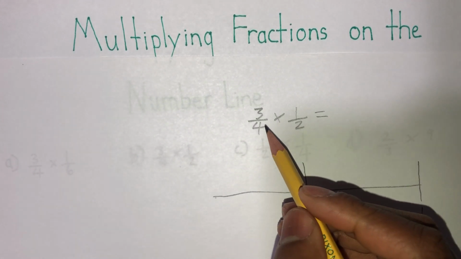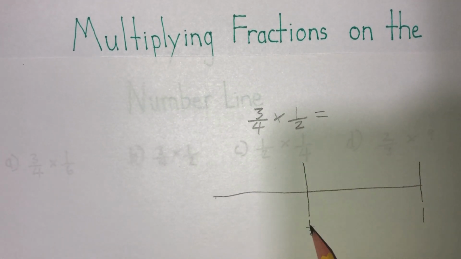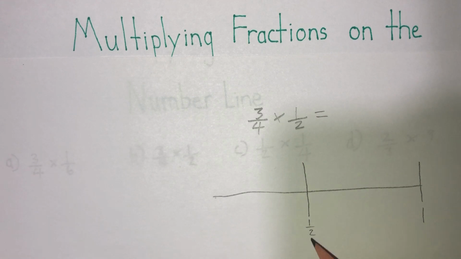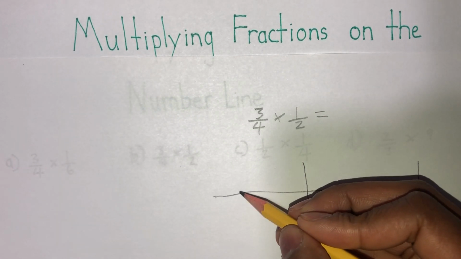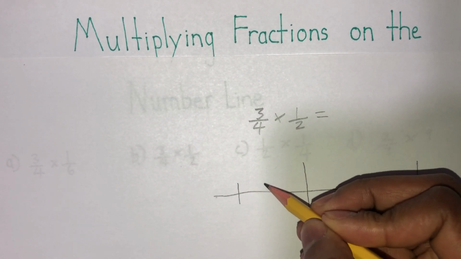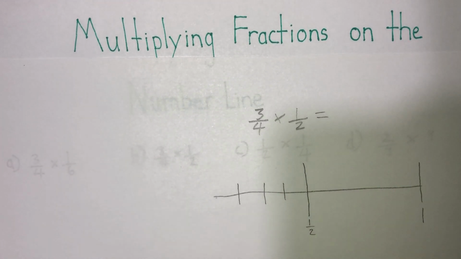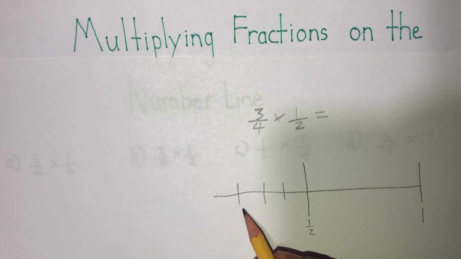Now we're going to find 3/4 of the distance to a half. So we're going to divide this section before the half into 4 equal parts. 1, 2, 3, 4. And we are going to identify 3/4.